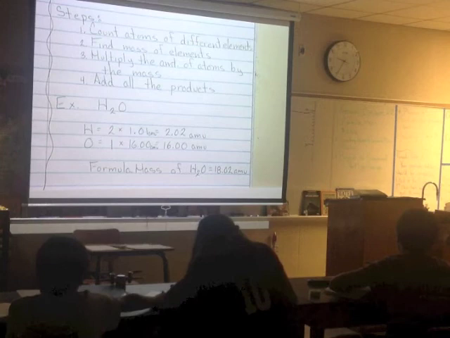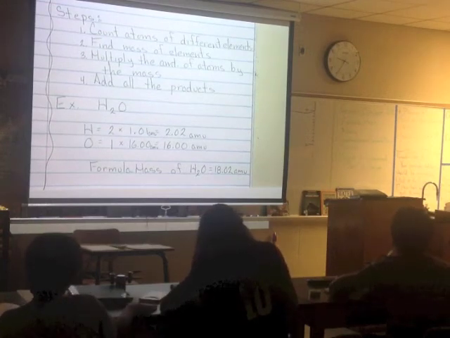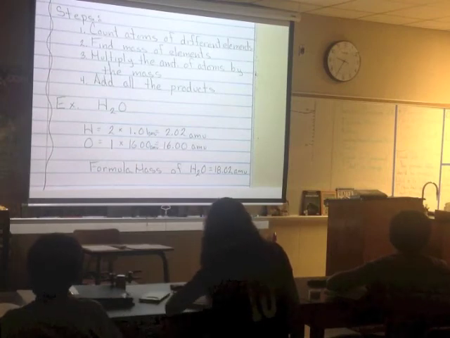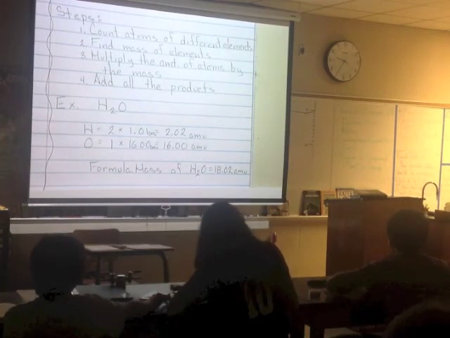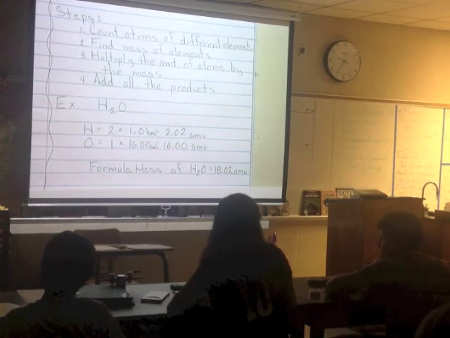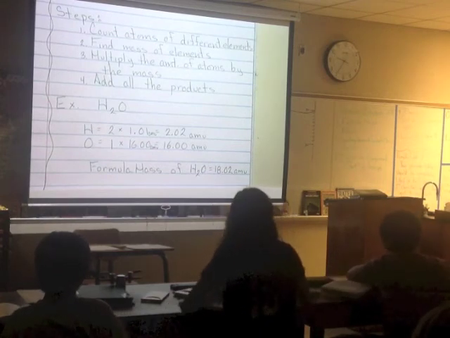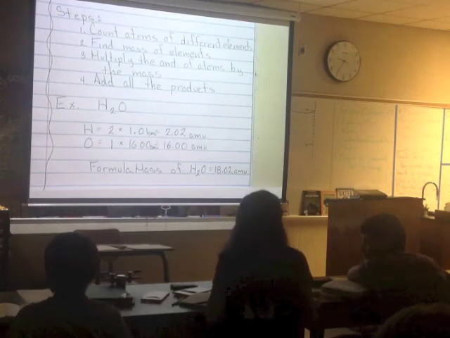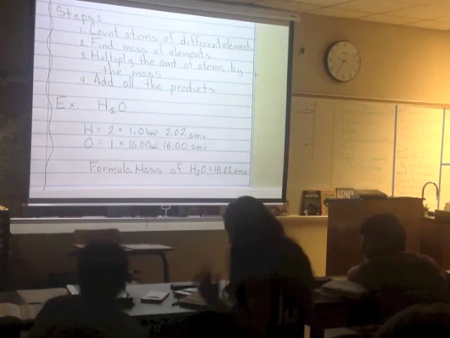You could do them to 3 decimal places, but I just used 2, and most people will only use 2. So you always want to round to the hundredth place. Now the reason the oxygen is 16 is because it's 15.999. When you round that to the hundredth place, it ends up being 16. Okay? Does that clear it up?